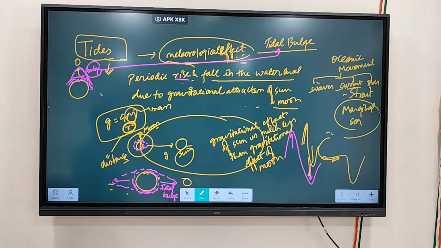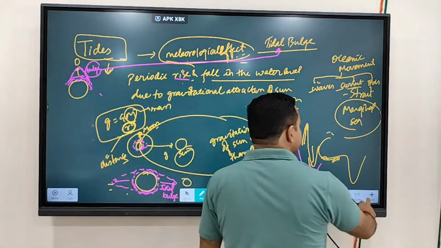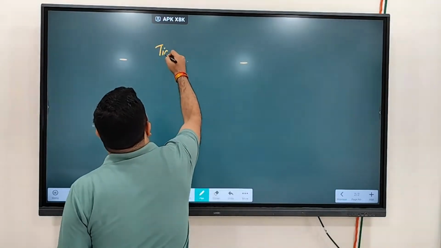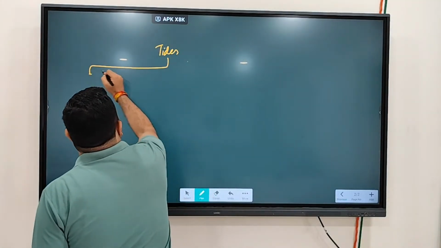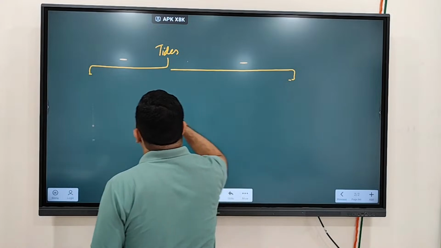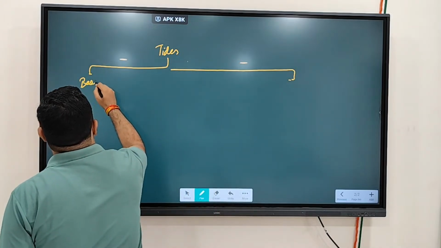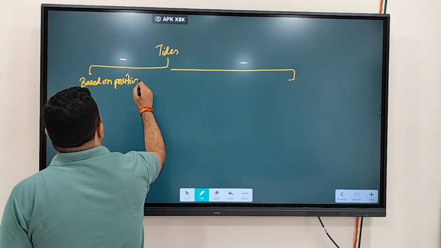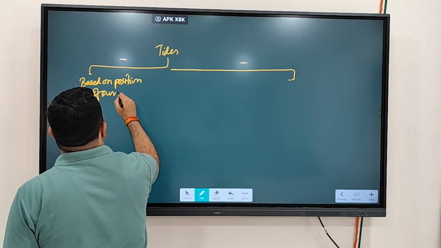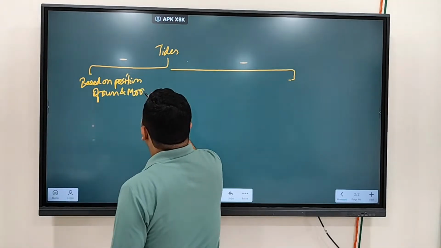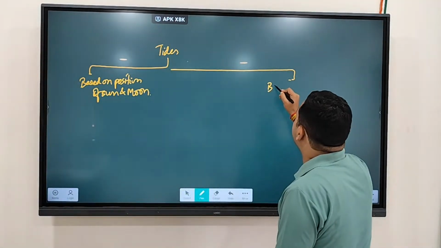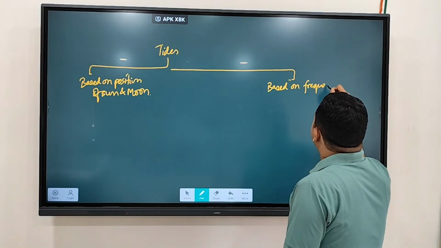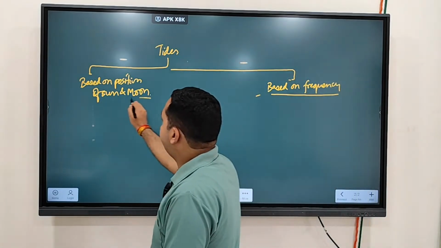Now tides we classified into what? Tides we classified into two types. That is based on the position of sun and moon, and secondly, based on frequency. Fine.